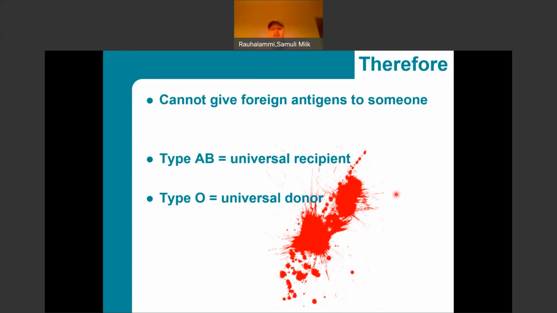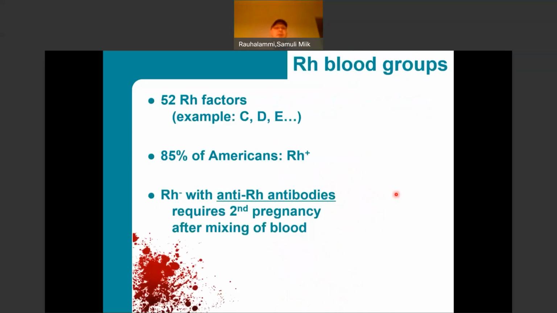Now that we've discussed blood type A, blood type B, blood type AB and finally blood type O, I think we're ready to have a look at the Rh groups. It turns out that there are actually 52 different kinds of Rh agglutinogens, or Rh factors, if we wish to call them that.